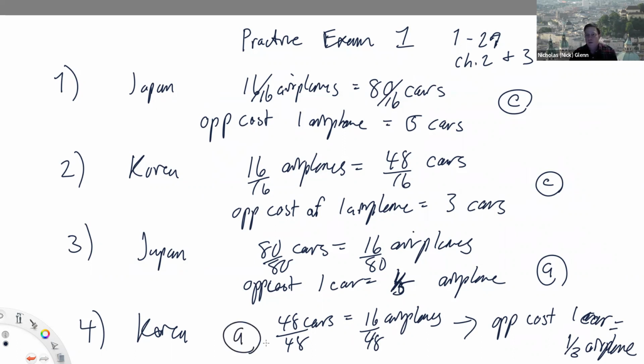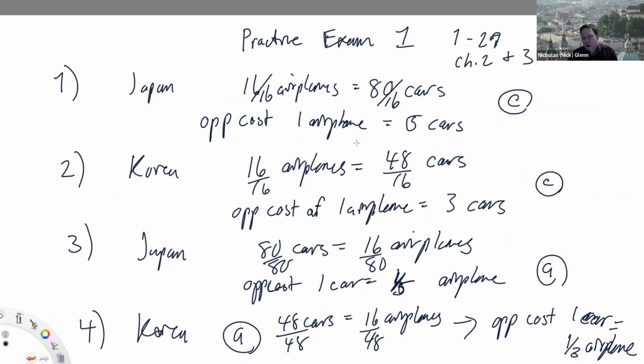It's like, well, they spend all their time producing airplanes, they do this versus cars, and then to get it in terms of the opportunity cost of one of them, we just need to divide to get the opportunity cost of one airplane or one car. Okay, and this is what they have to give up. If Japan spends their time producing airplanes instead of cars, what's the opportunity cost of an airplane?